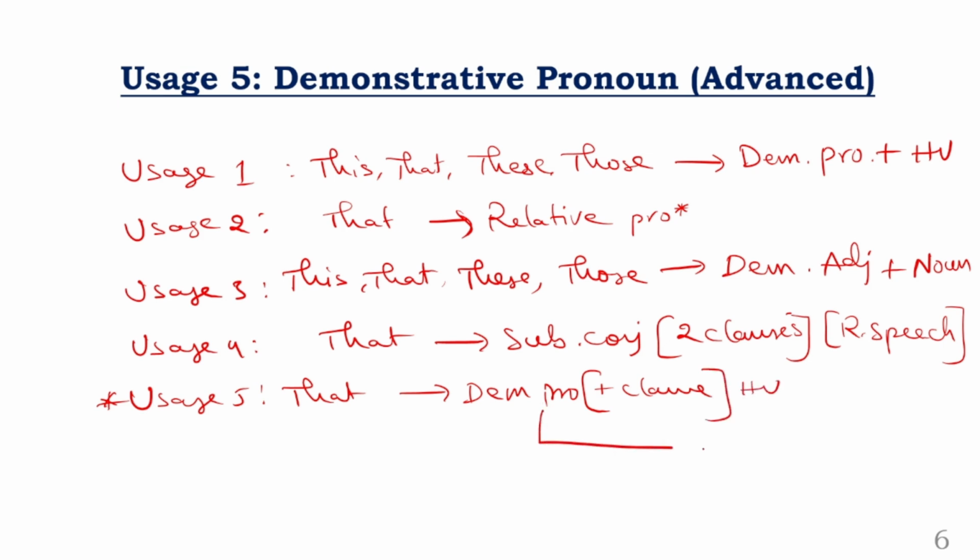So this demonstrative pronoun agrees with this helping verb. So when you read, you need to be very careful. Okay, these are the 5 different usages of one word I want to highlight. Of course, there are remaining words, but the word that I want to highlight is the word that, everywhere. Okay, so this word is repeatedly used in the sentences. You need to be alert.